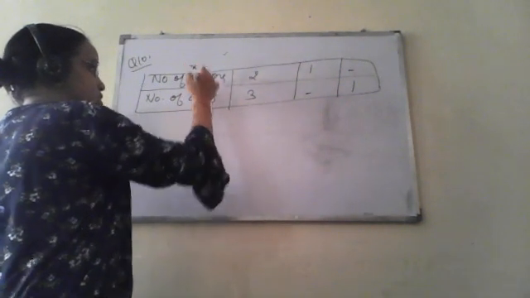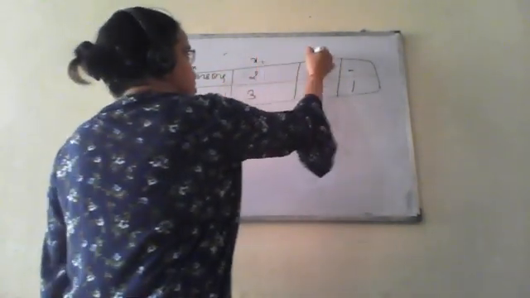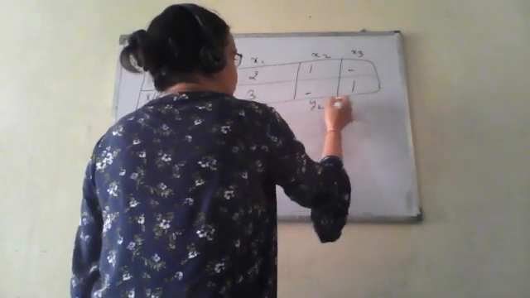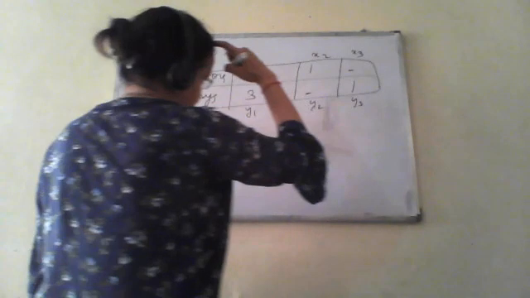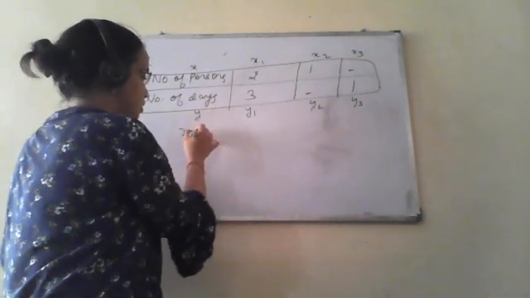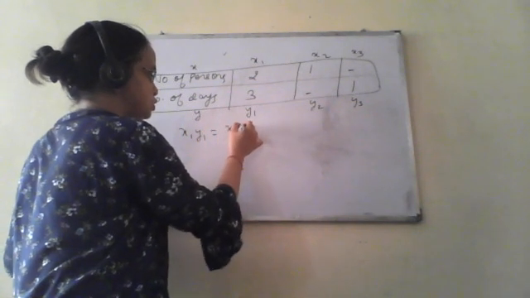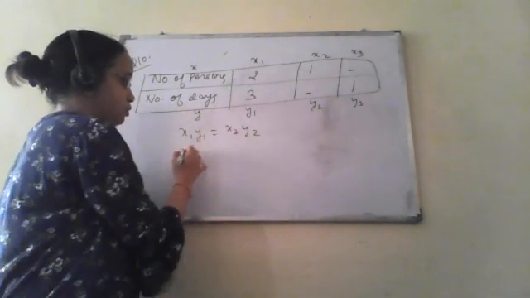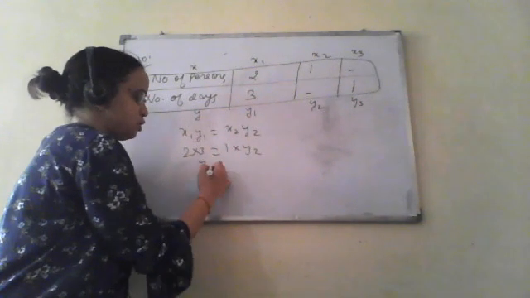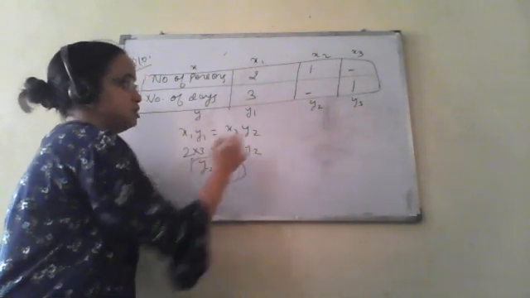This is our x, this is our y, this is x1, x2, x3, and y1, y2, y3. Clear? So we have x1 y1 equals x2 y2. We have 2 into 3, this is 1 into y2. That means y2 comes out to be 6.